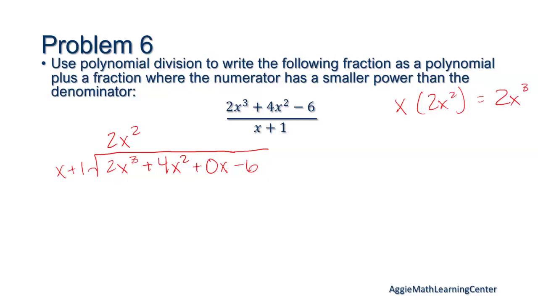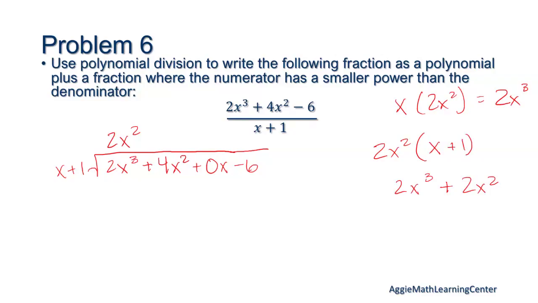Then we're going to take that 2x squared and multiply it by the whole expression we're dividing by, x plus 1. Make sure that we multiply each term, so that's where we get our 2x cubed plus 2x squared.